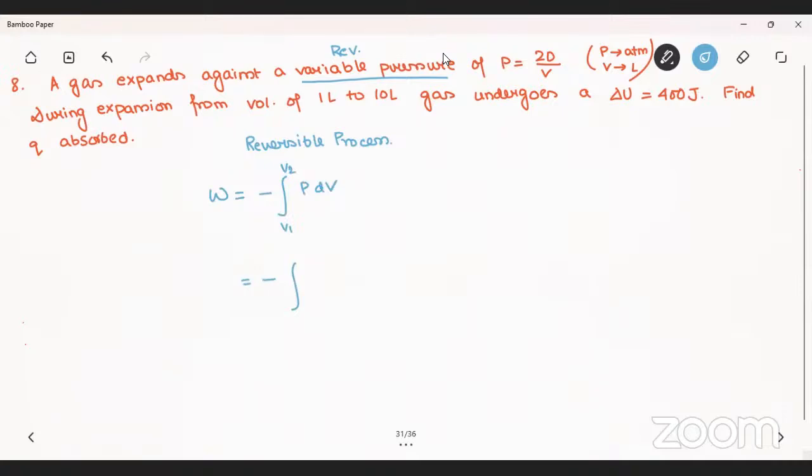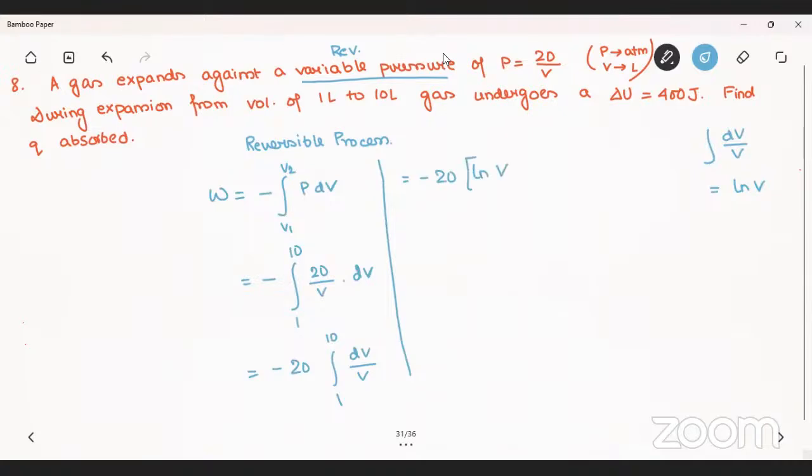V goes from 1 liter to 10 liters. What is P? 20 by V into dV. This 20 is a constant, so in the derivation this constant comes out, giving minus 20 times the integral of dV by V from 1 to 10. When you have learned integration, you will know that the integration of dV by V is ln V, with the limits 1 and 10.